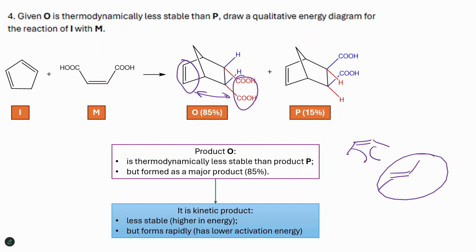So you prefer them to be located as far from each other as possible. So that's a similar reason here, right? So even though they're electron withdrawing and stabilizing the transition state energy, at the end of the day they are cis to the large bridge, so that destabilizes the overall structure. So that's why P as a product is more stable from a thermodynamics perspective. But since we are not employing thermodynamic conditions like elevated temperatures, we have O as our major product.